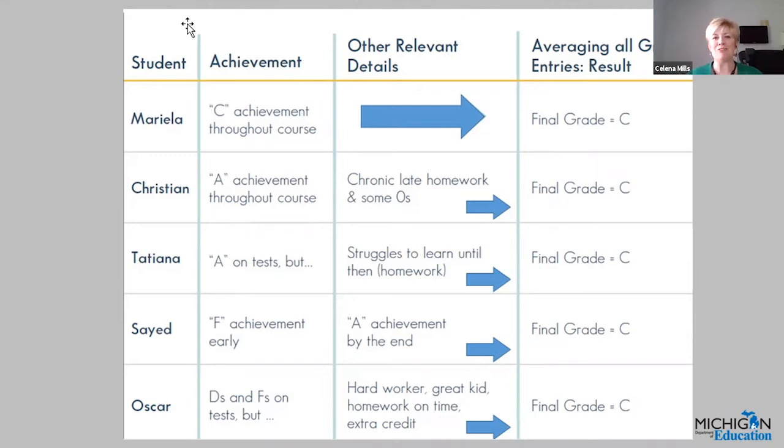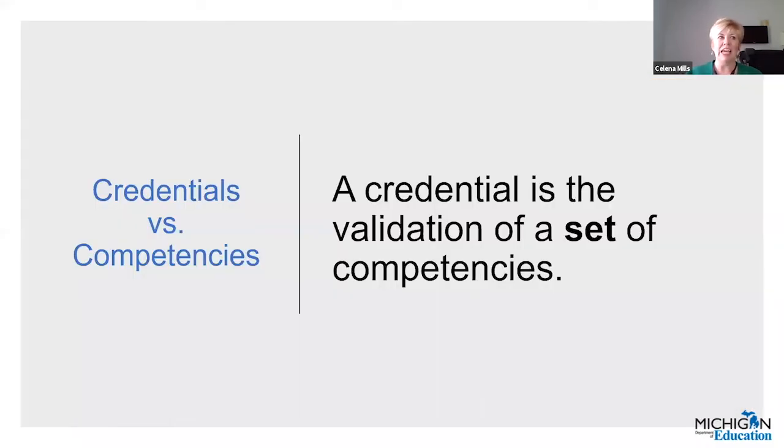Might be a great employee and have great work ethic, but we don't really know that he knows the skills. And that's the beauty of a competency-based model and aligning competencies to a credential. Because for our employers and our post-secondary partners, that credential really validates what a student knows, and it helps us in education speak the same language as our partners.